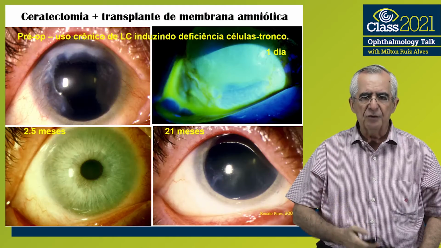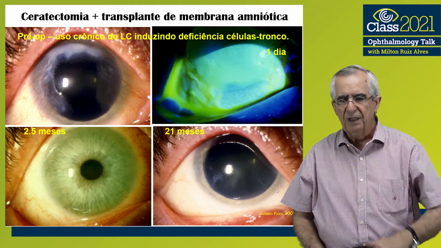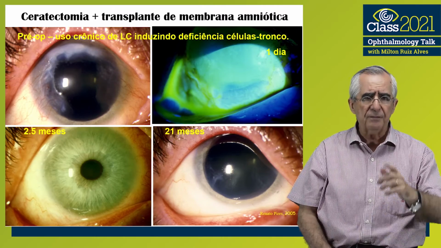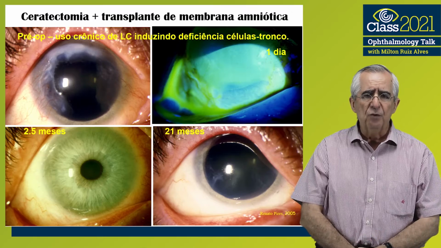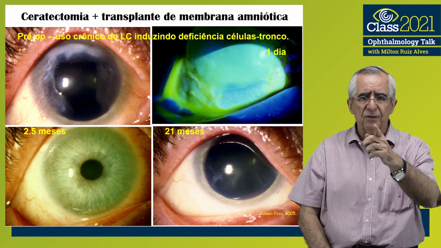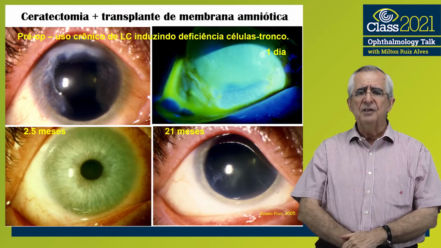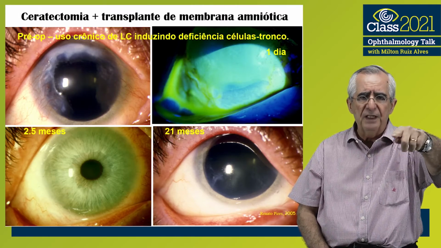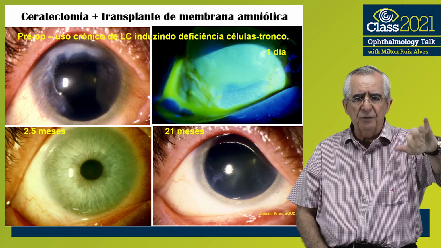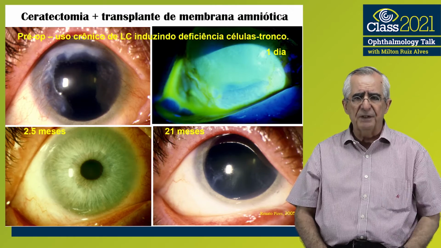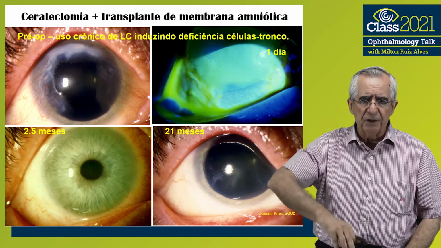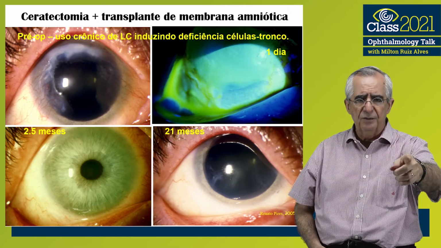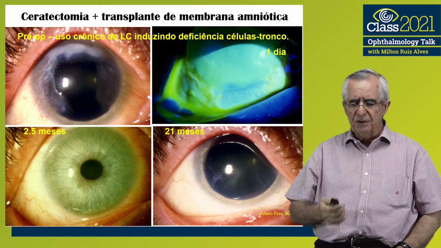This is what was done in these cases, conducted by Dr. Renato Perez, which show a patient with chronic use of contact lenses, which induced limbal stem cell deficiency, which altered the epithelium, and it was then removed. An amniotic membrane was then applied, which favored the expansion of the healthy epithelium with total recovery of the ocular surface after 2.5 months.